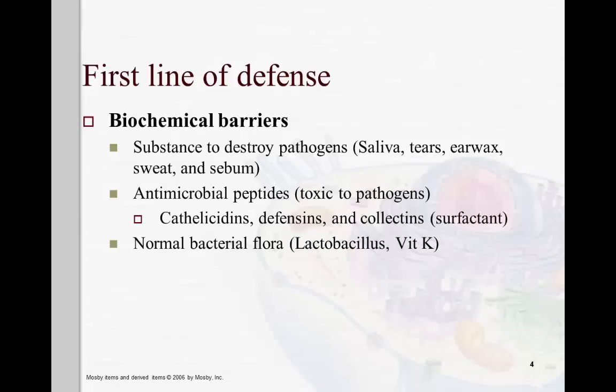In addition to that, there's lactobacillus in the intestine that could be eliminated with prolonged use of broad-spectrum antibiotics, and patients could obtain Clostridium difficile as the opportunistic infection. In addition, you know that part of the normal flora is the vitamin K that is necessary for the coagulation cascade, which we will discuss here during this PowerPoint presentation.